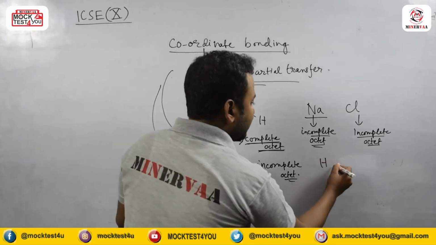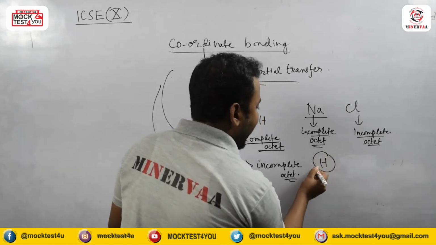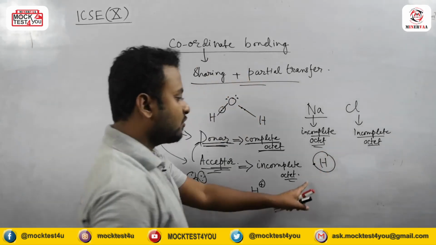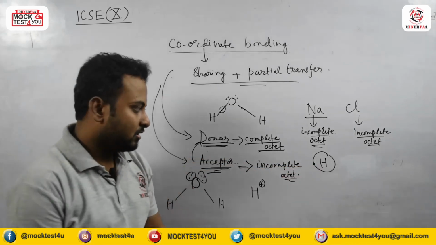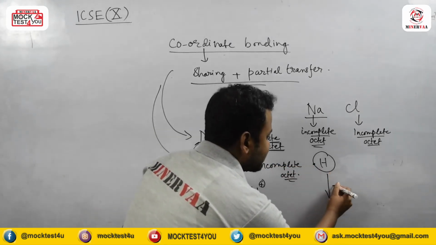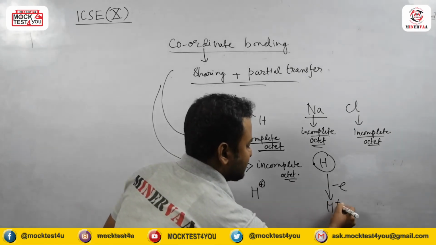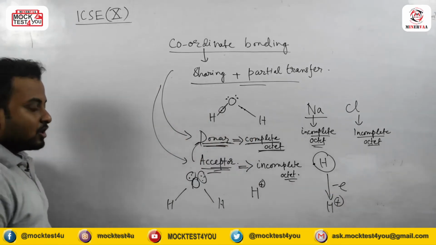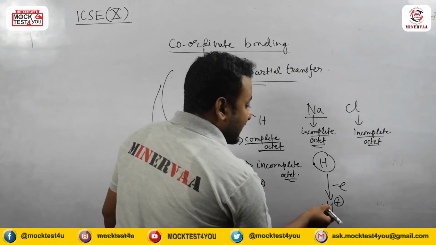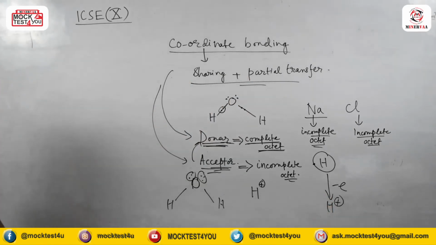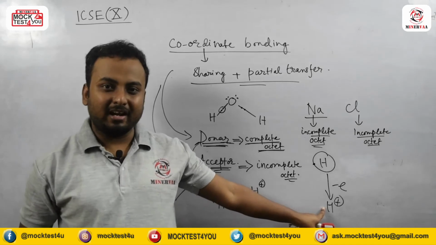We have seen the electronic configuration of hydrogen: it has only one electron in the valence shell. So when it loses this one electron, it is converted to H plus. In H plus no electrons are there, so H plus is completely vacant.